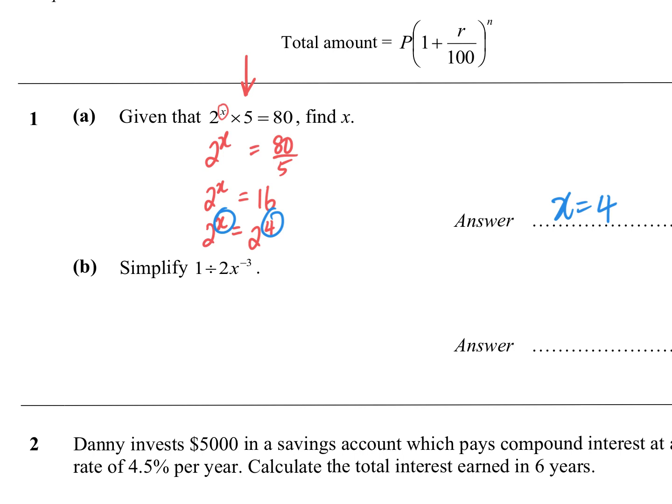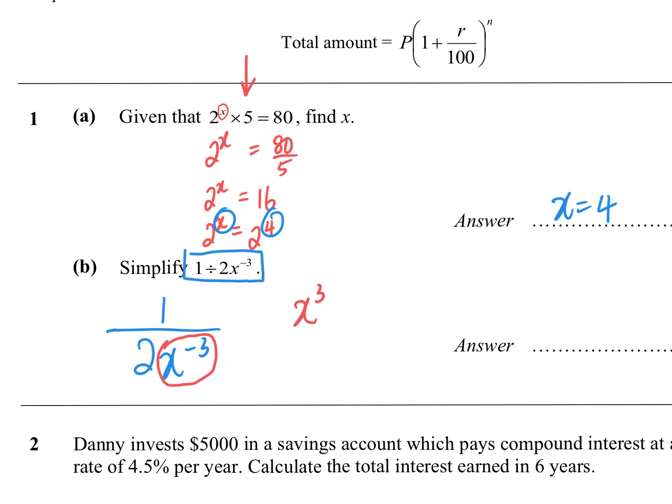Okay, next one. They say, can you simplify this? So what you do is you can rewrite this as this first. And they never say you must change your answer to positive index notation. Actually, you can leave your answer like that. Okay, but if you want to go one step further, this has the negative power. So you can shift this up as x to the power of 3.